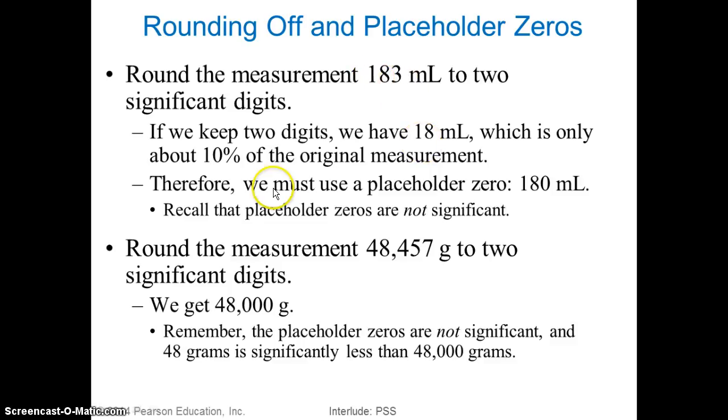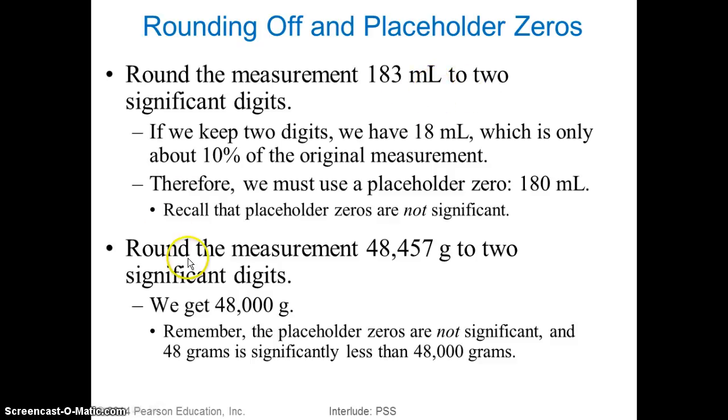So for that we use a placeholder 0. We can round to 180 milliliter, because remember, a placeholder 0 does not count as a significant figure. So in 180 milliliter we have 2 significant digits. So we can round 183 milliliter to 180, which is 2 significant digits.